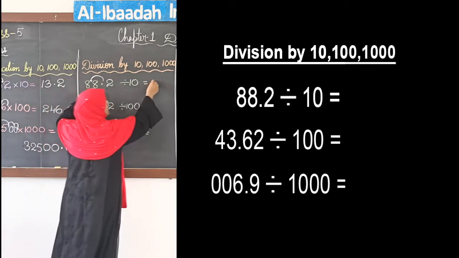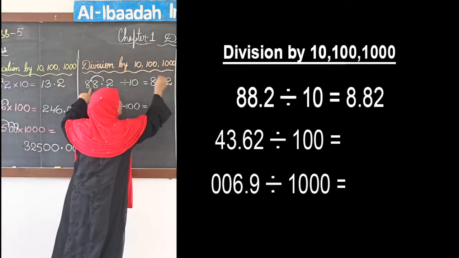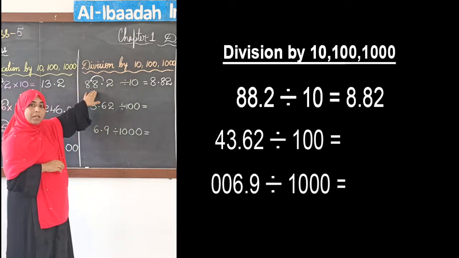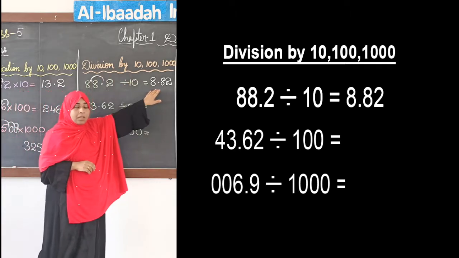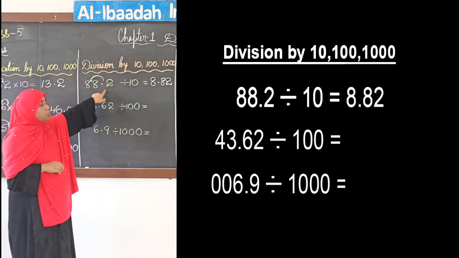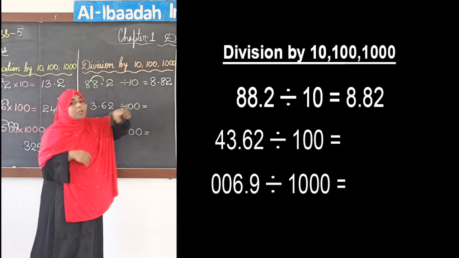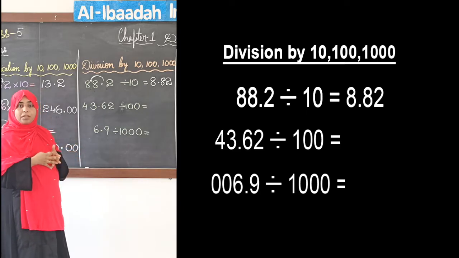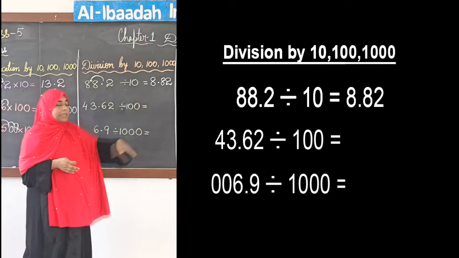So, the answer that we will get is 8.82. Now you can compare the number we had before dividing and the number we have got after dividing. Here it was 88.2 and after dividing we got 8.82. So, 8.82 is less in value compared to 88.2. When we did division, the value decreased and came down.